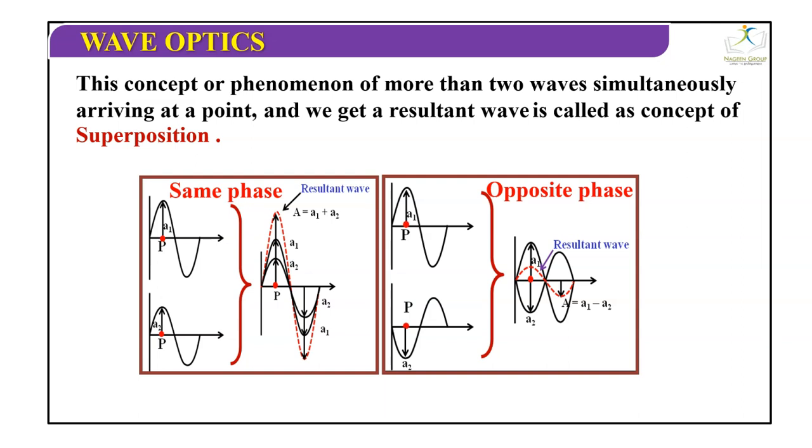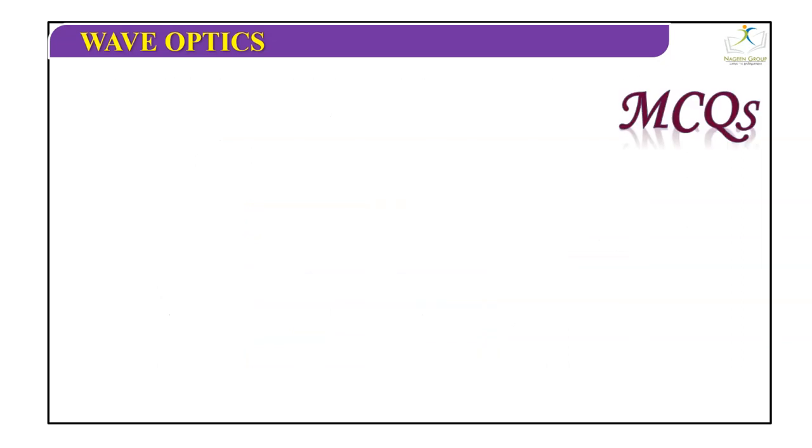So we are taking two types of waves and superimposing them, relating the concept between two waves: if they are in the same phase, in opposite phase, or with a pi by 2 phase difference. We take these by experiment and conclude a resultant wave which propagates in the medium. That resultant wave is responsible for any other disturbance in the medium. That is the concept of superposition.